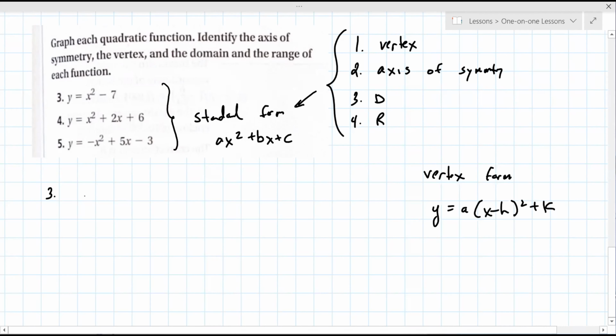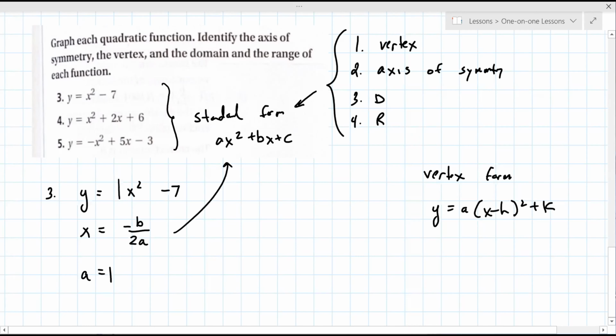So for number 3, it says y equals x squared minus 7. The vertex has x coordinate minus b over 2a, and that refers to this ax squared plus bx plus c. So in your problem, a equals 1.